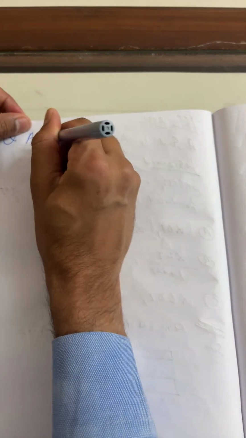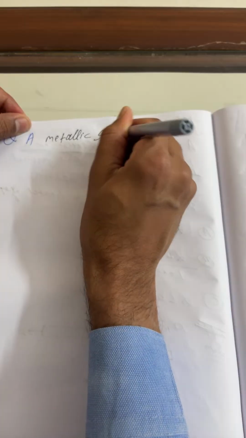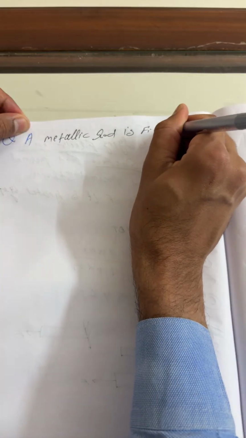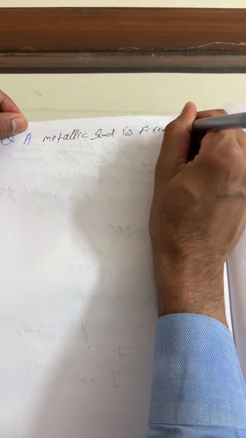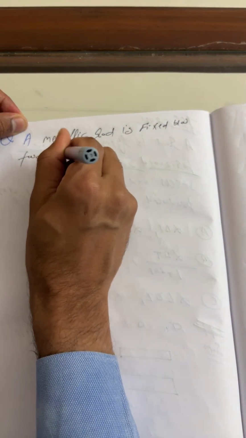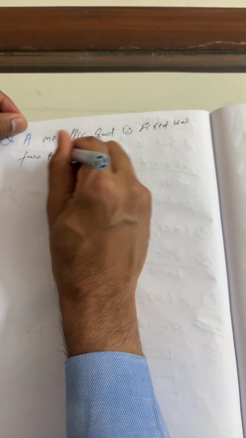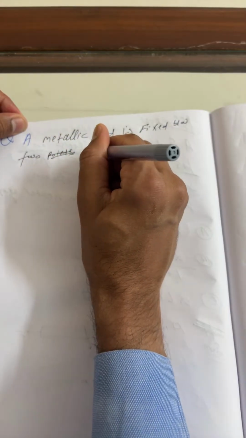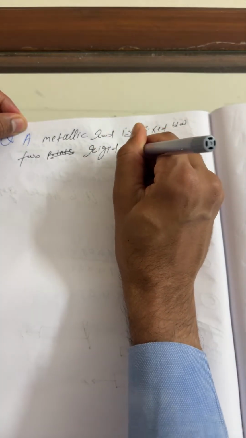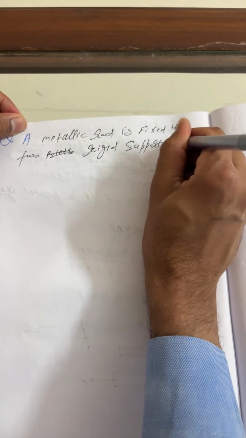A metallic rod is fixed between two points, or you can say two rigid supports.